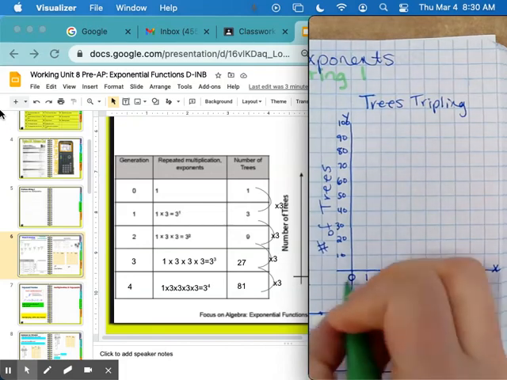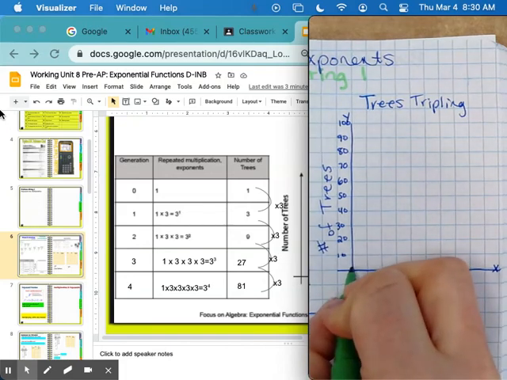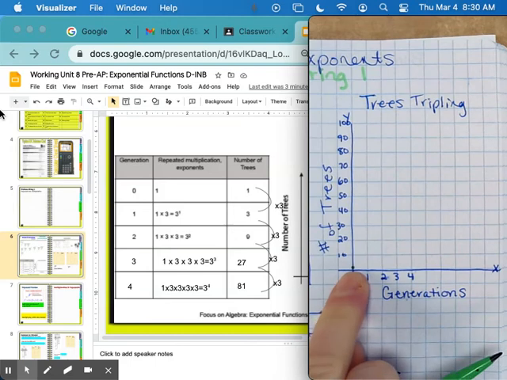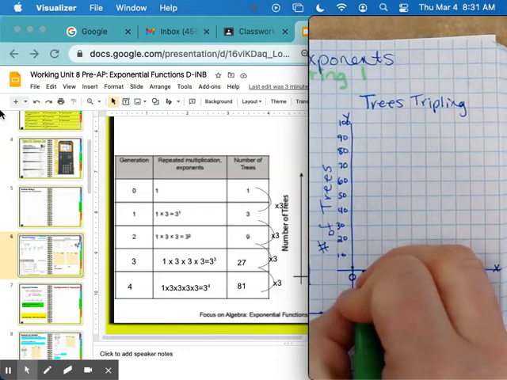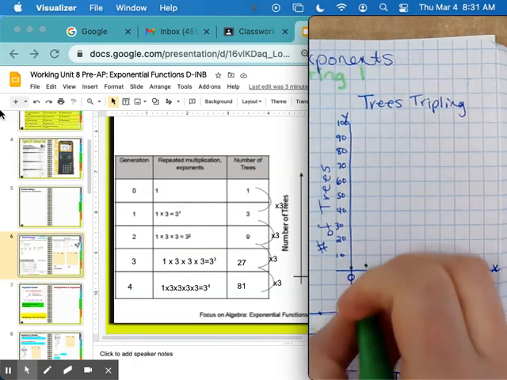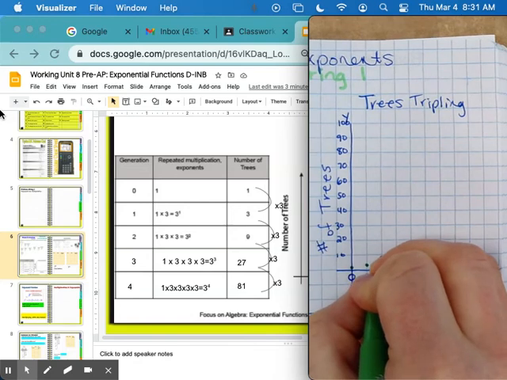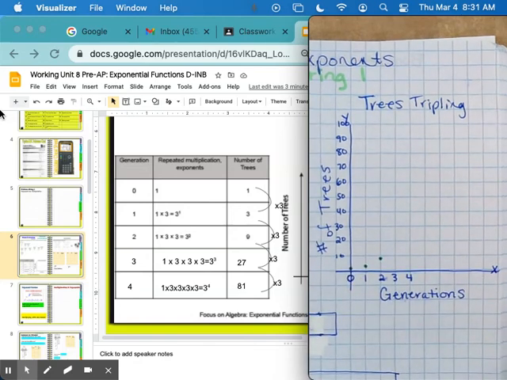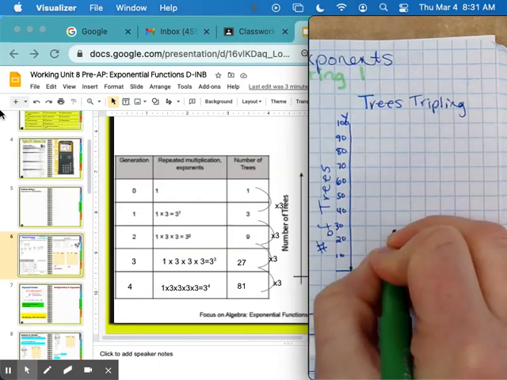Okay, so 0 starts out with 1. So it'd be down here. And then the next one's 3. 1, 3. 2, 9. 3, 27.